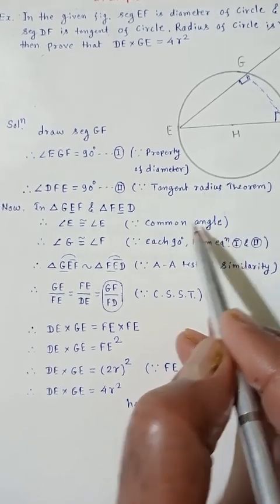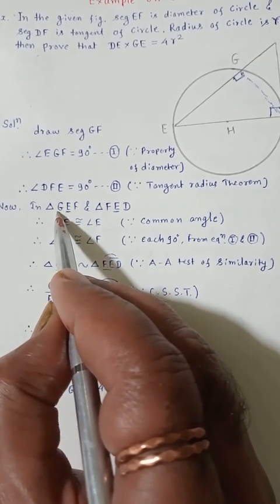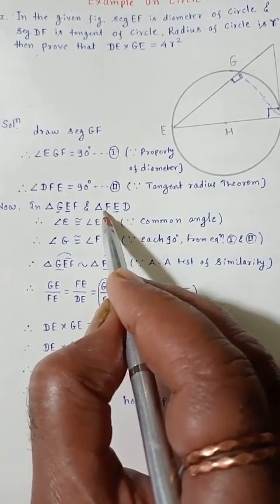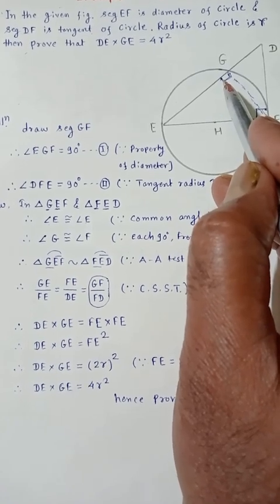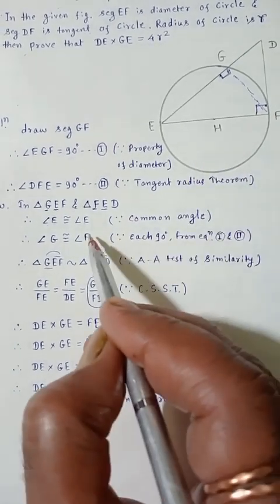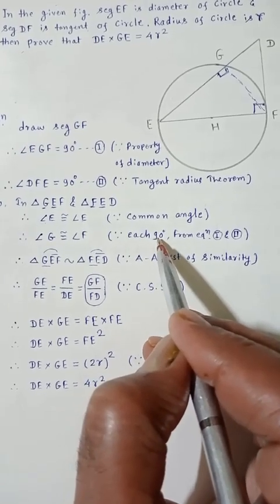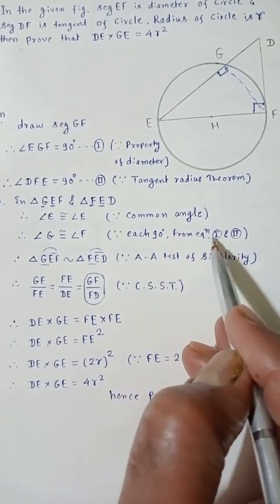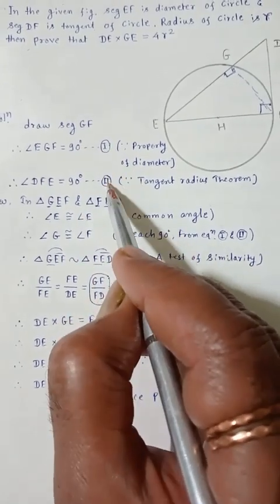Then, in the first triangle, angle G is congruent to angle F of the second triangle. Reason is each 90 degrees, from equations first and second.